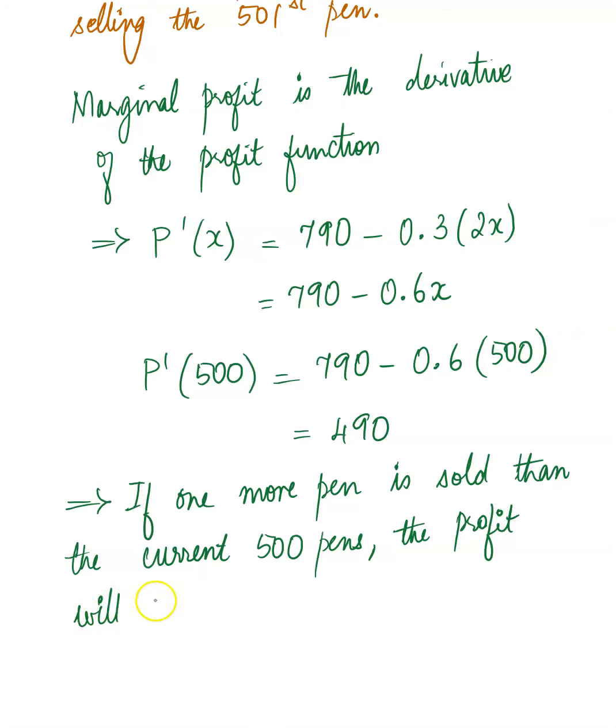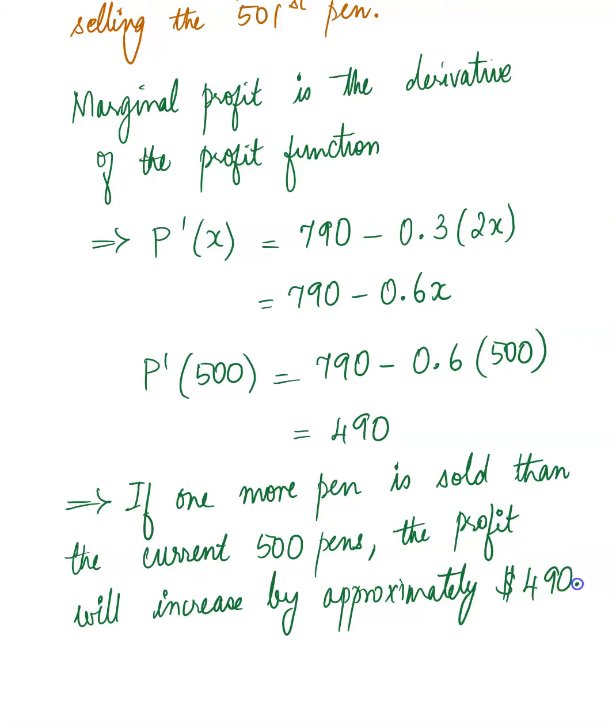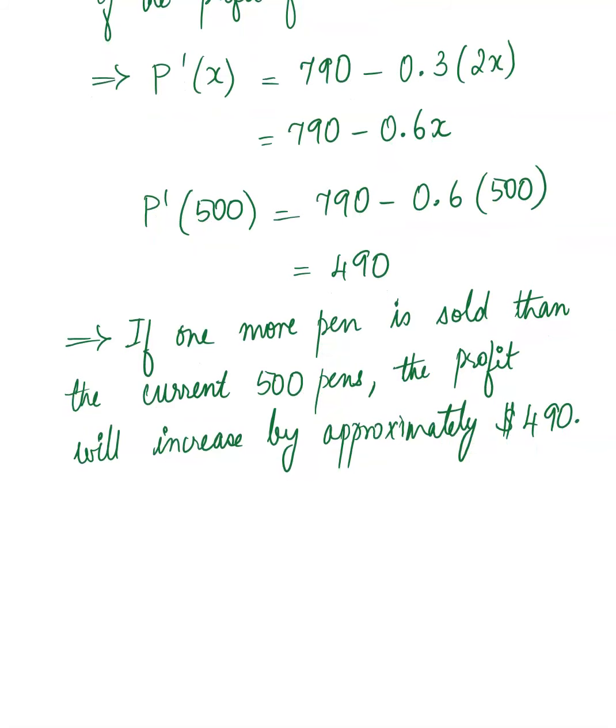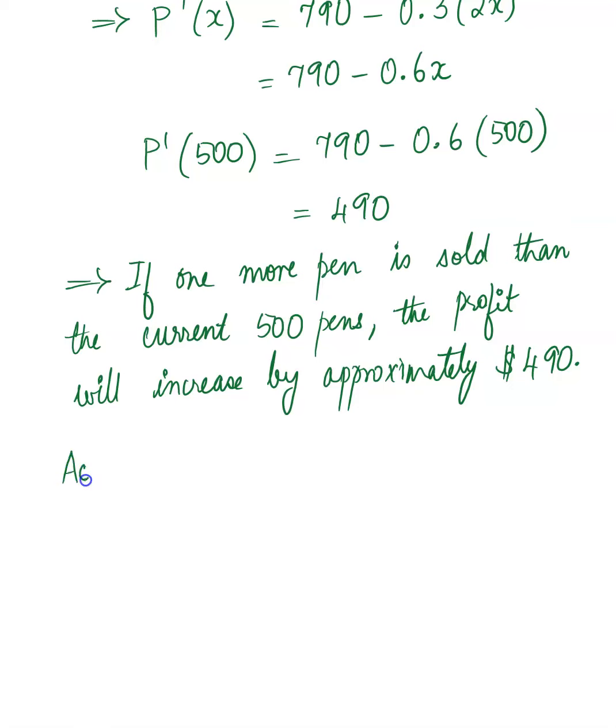It's a slope, so it's going to increase. The profit will increase by approximately $490. This is helpful because you just took the derivative, plugged in 500, and got that information. But we already saw that we could find the actual change by manually calculating it.